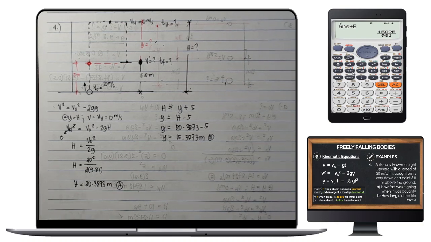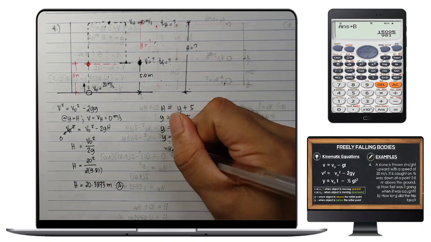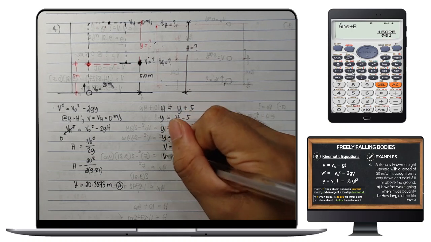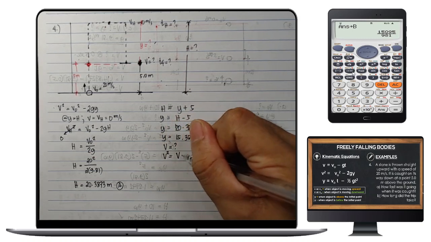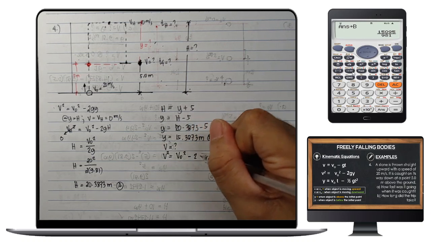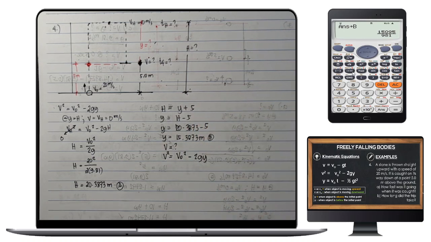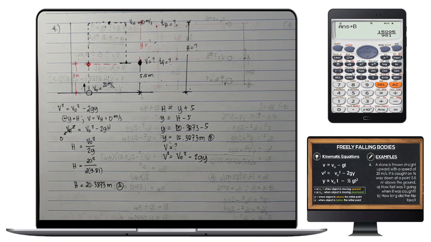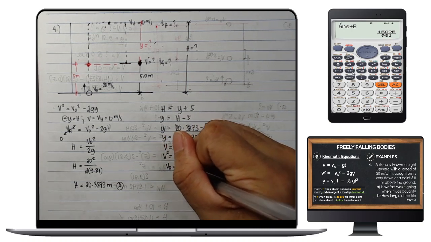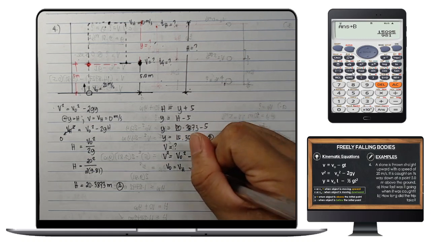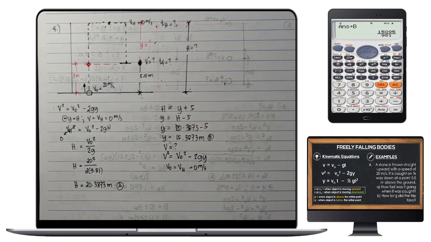And using this value, we can find the value of velocity using v squared is equal to vo squared minus 2gy. So using this equation, we know that vo na gagamitin natin dito is equal to vh, so that is equal to 0 meter per second.